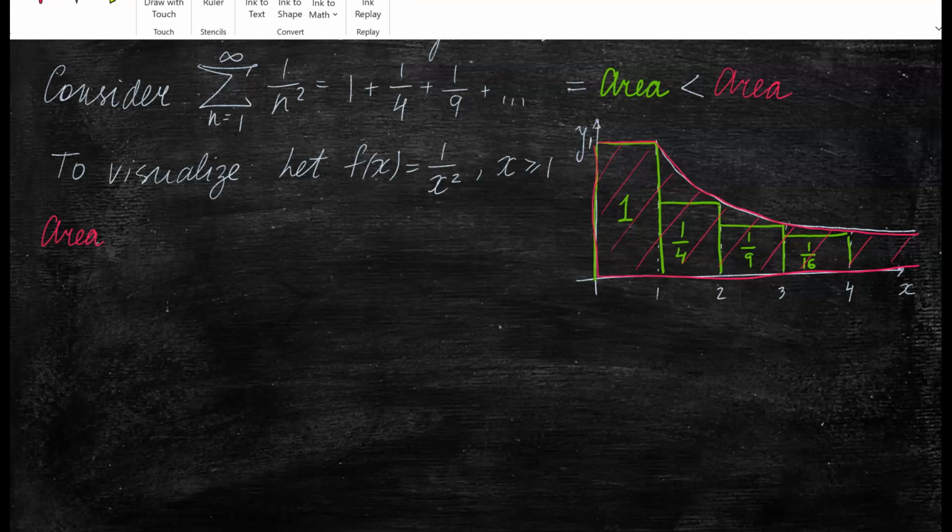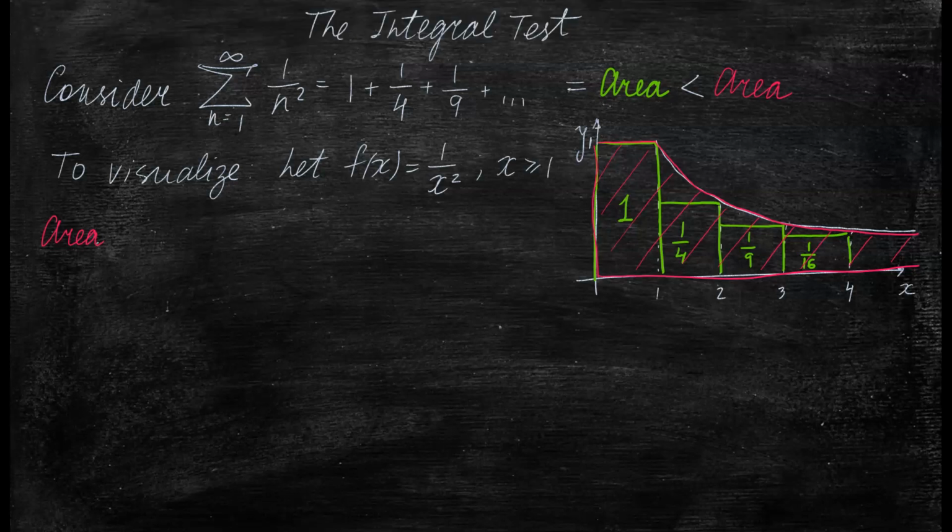But if it's not, then I guess we'll have to look elsewhere for the proof. Now, the red area extends a little bit further than the domain of the function, right? So we can clearly see that the area is made of two parts.